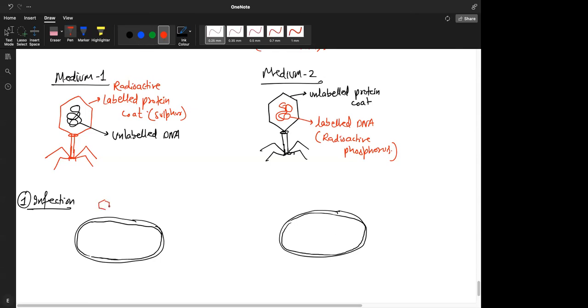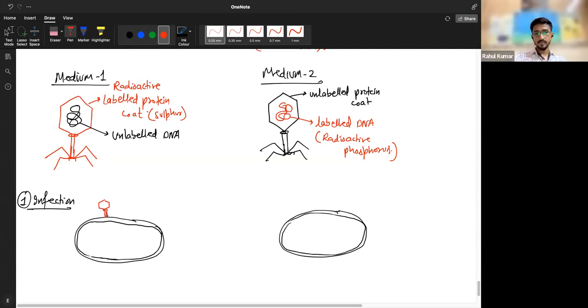Yes, sir. So in this case, you will see that this virus will come and sit, and it has DNA inside. In this case, we'll see this virus come and attach itself to the bacteria, and then it sends its genetic material inside.